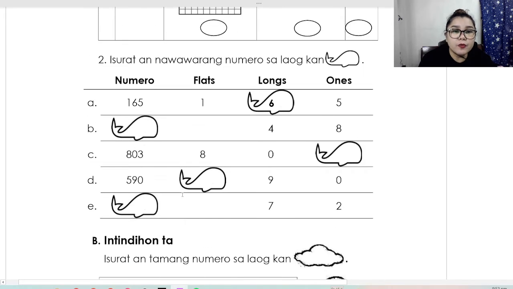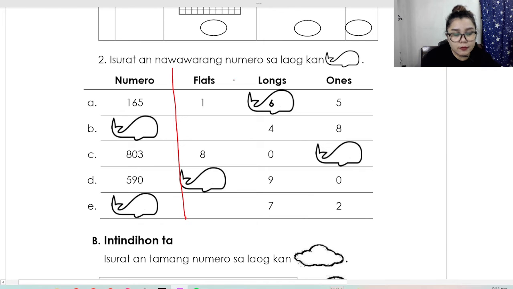And then, for number 2, so another activity, isurat ang nawawarang numero sa laogkan, balyena, or whale. Okay, meron dito, we have 3 columns. So, 3 columns.